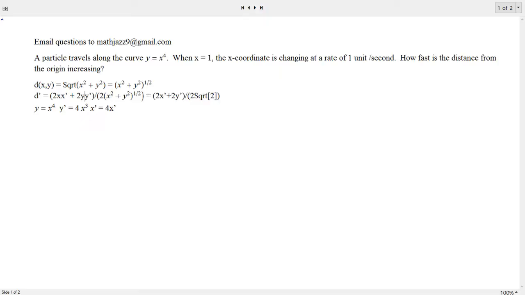So we can then simplify this derivative of distance further to be 2x prime plus 2 times 4x prime, so 8x prime, divided by 2 square root of 2, which is just going to be 10x prime divided by 2 square root of 2.